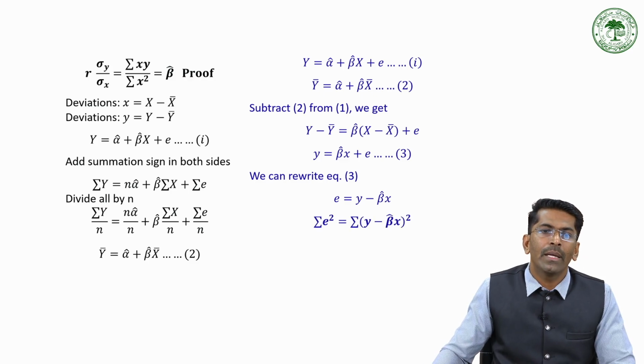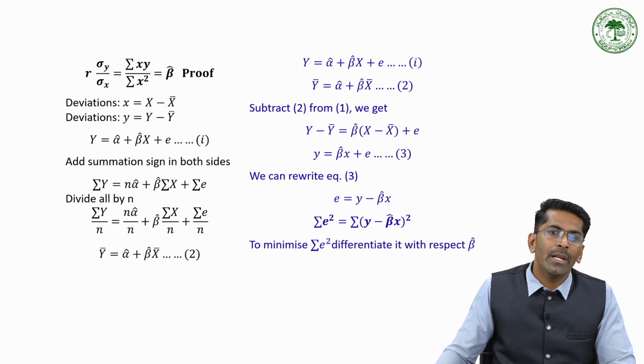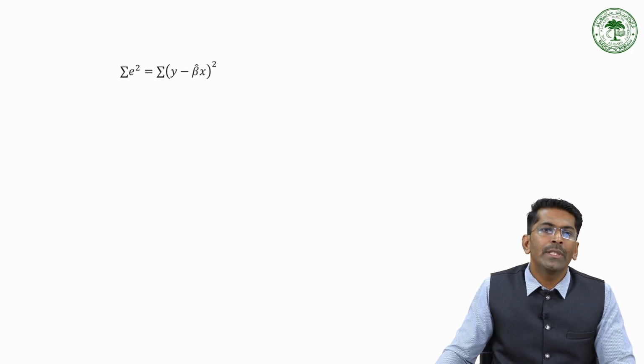The sum of e square is equal to the sum of (y minus beta hat x) whole square. Now I am going to minimize. In order to minimize the sum of e square, we are going to differentiate this term with respect to beta hat. We can apply the generalized power rule of differentiation.